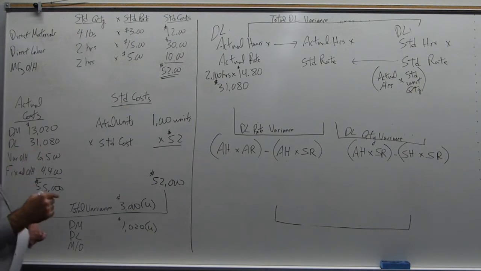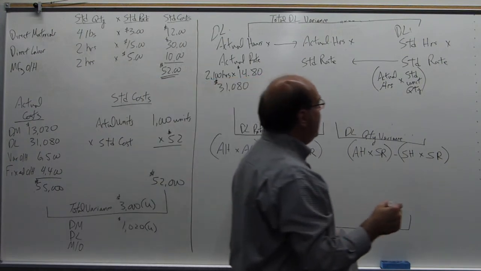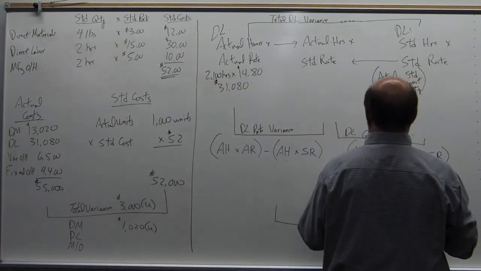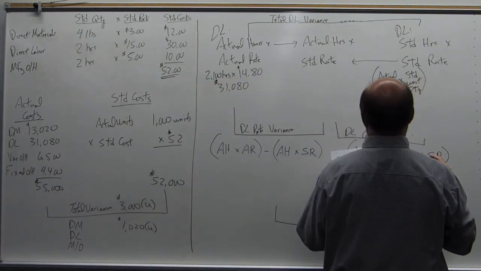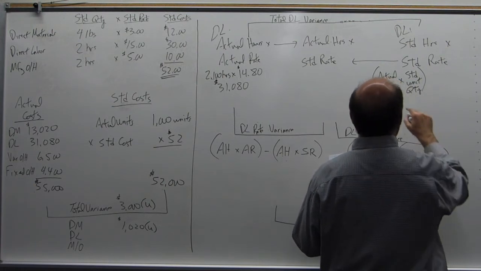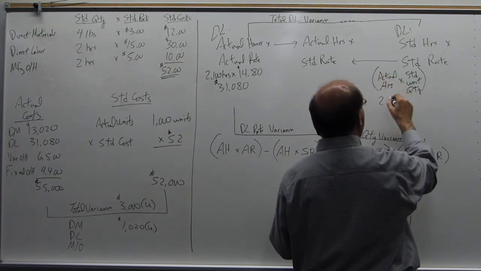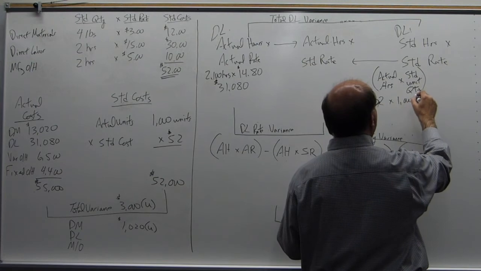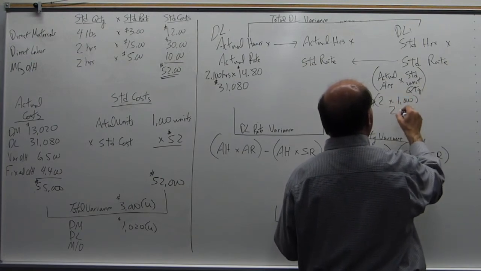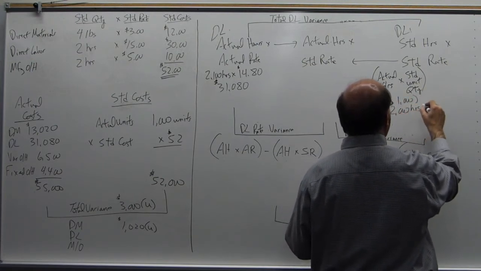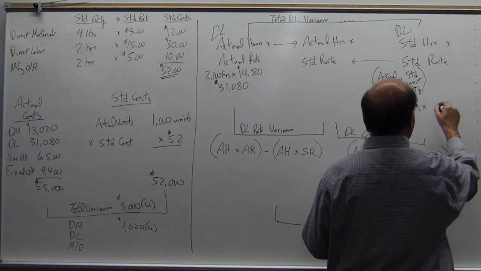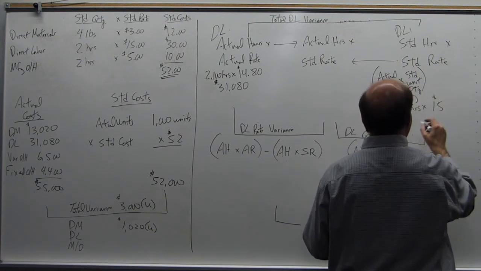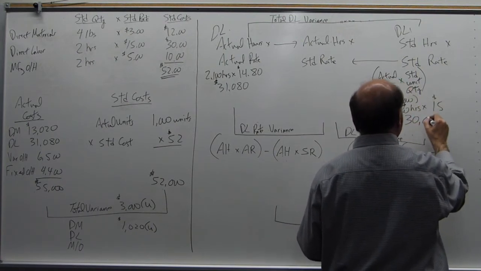So that's our actuals. Our standards worked out to be 2 hours per unit, and we made 1,000 units, right? So it should be 2,000 hours, and we should have paid $15 an hour. So this should be $30,000.